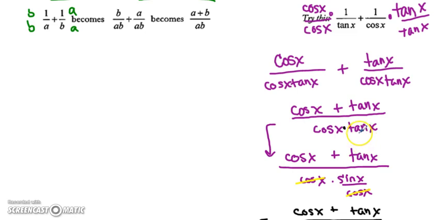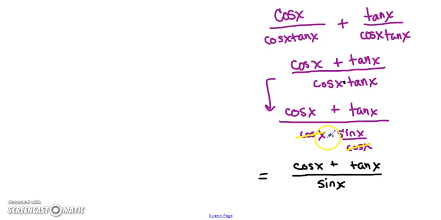Tangent, I remember, has cosine in the denominator. Why does that matter? Well, if I rewrite tangent as sine over cosine, then I can cancel out my cosine, so I have one less term in the denominator. Now I could keep this going, but I just wanted you to get the gist of mainly putting 2 fractions together.